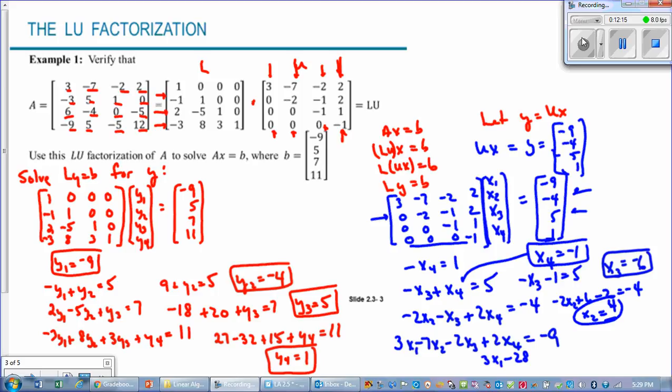Minus 2 times x3, so that's going to be plus 12, using this. And then plus 2 times x4, so that's minus 2, equal to negative 9. So that means that 3x1 is equal to 9. So x1 would be equal to 3. Okay, so we used the LU factorization to solve this for x. Our x came out to be: x1 is 3, x2 is 4, x3 is negative 6, and x4 is negative 1.